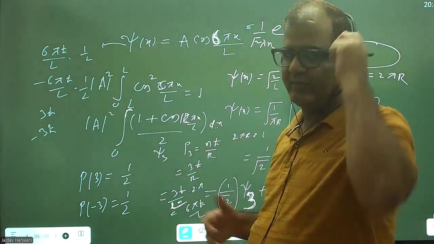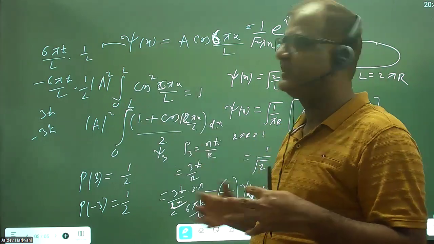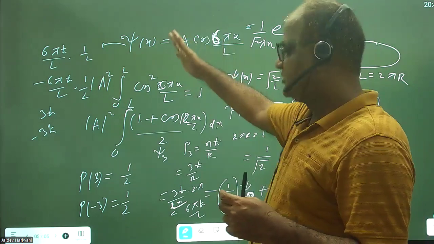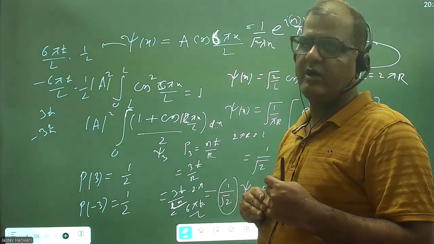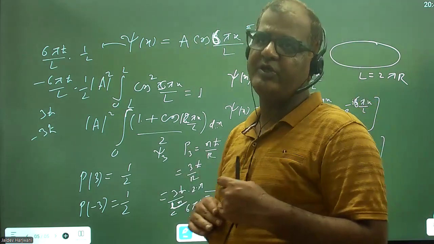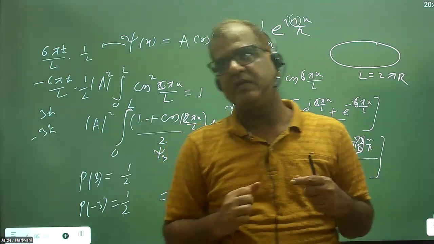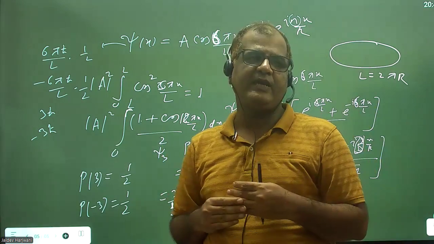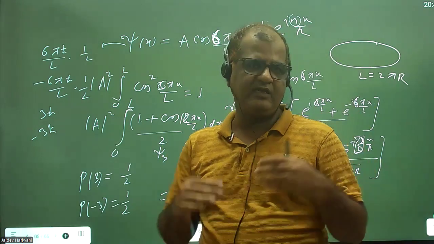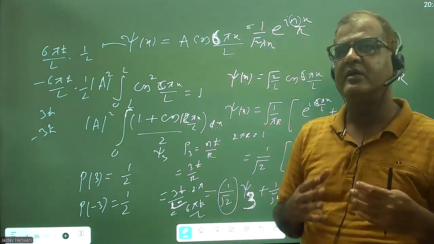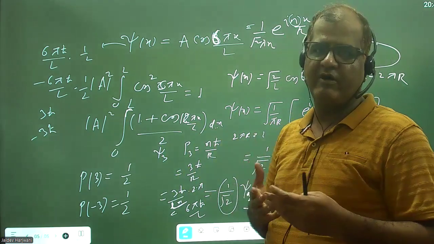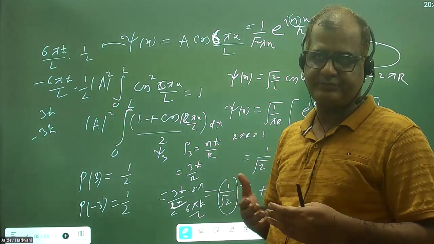Suppose I want to calculate the probability, or get the momentum value, any calculation becomes simpler. This is called spectral decomposition. Spectral decomposition means that we can represent any general state of the system in terms of the eigenstates of any operator or observable.